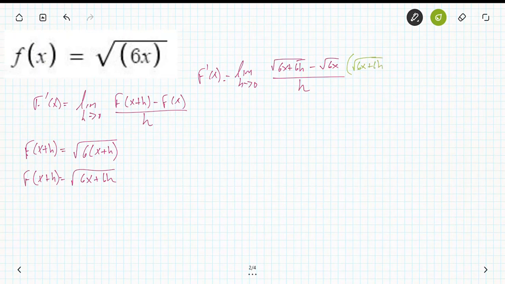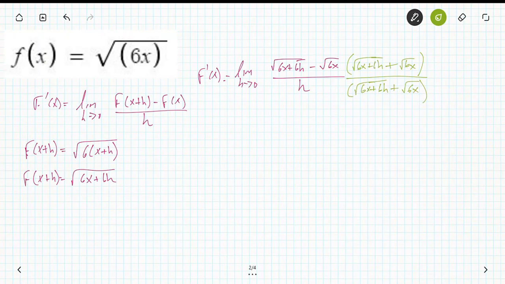Okay, and then instead of putting a minus, you're going to put a plus, the square root of 6x. And since I multiply this on the numerator, I must do the same thing for the denominator. So the square root of 6x plus 6h plus the square root of 6x.